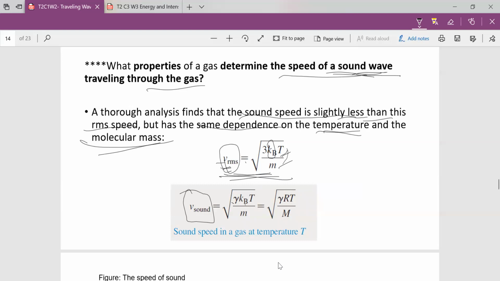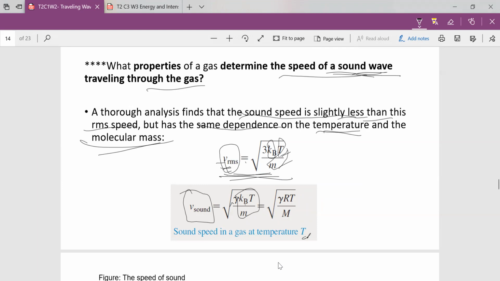So we have the same parameters repeated here, but there's a gamma. So this is the sound speed in gas as it depends on temperature.